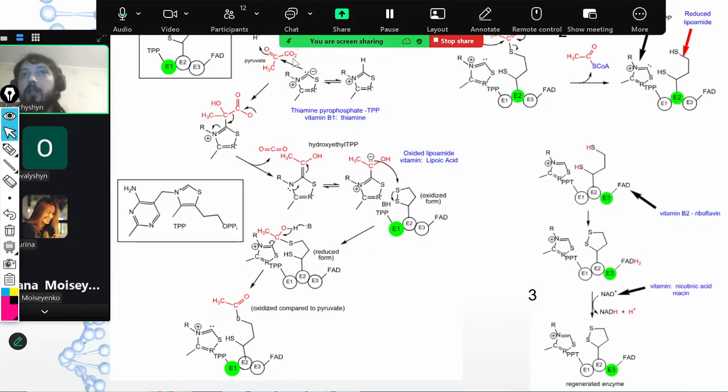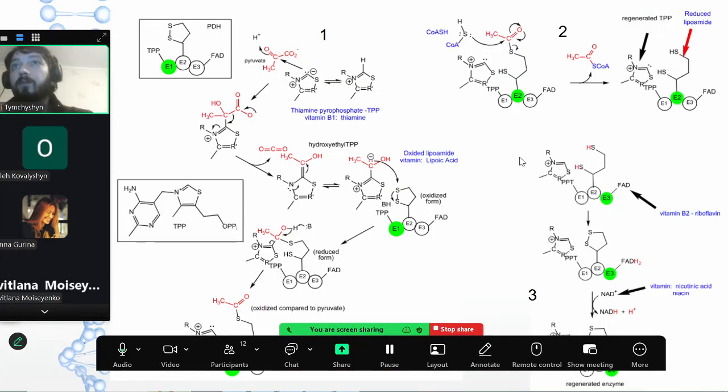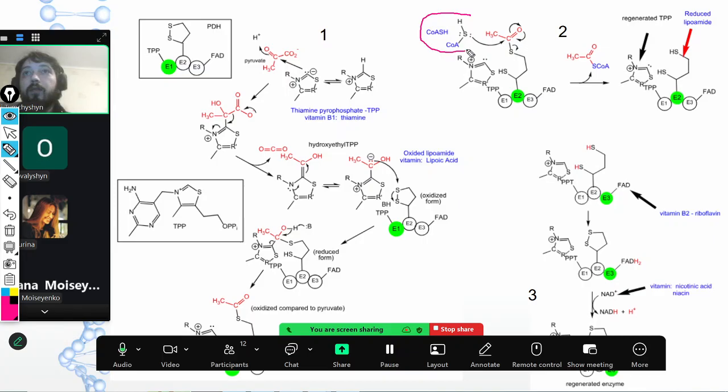Now, what do we need to do? Now we have the CoA molecule. CoA is some sort of a protein, so you have one of the residues that has SH. I guess it's cysteine, if I don't mess up.